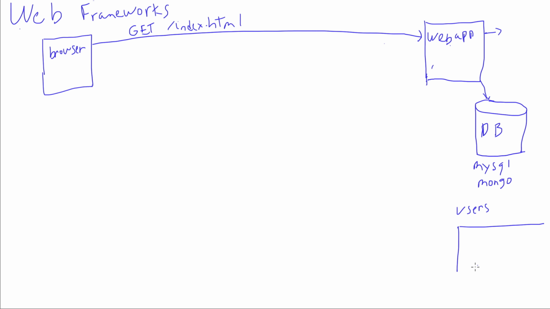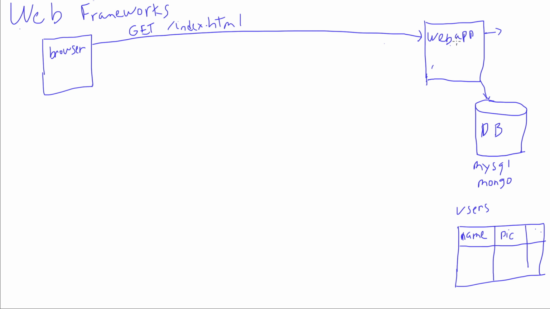Every user has a name and a picture, a photo of him, and maybe some other stuff. So you have that users table.